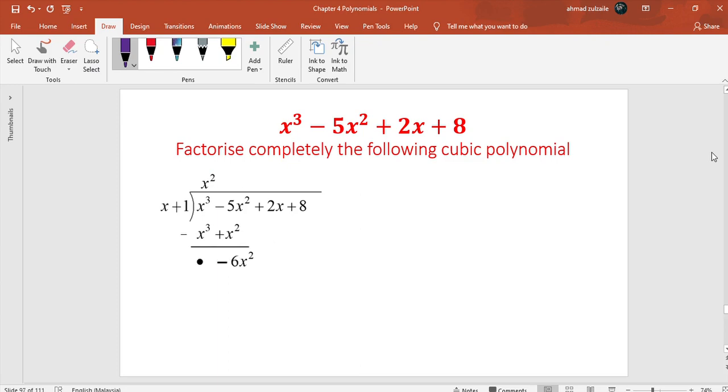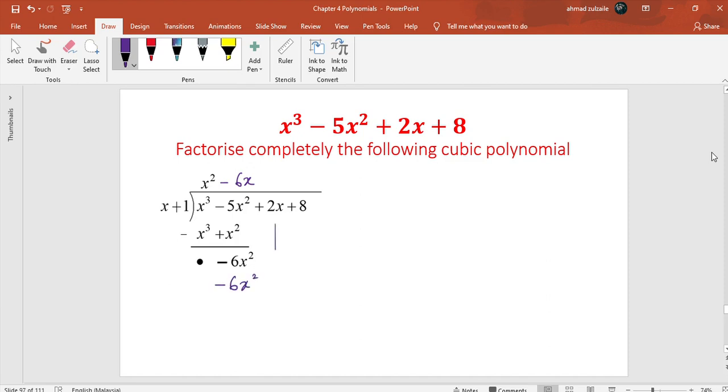Therefore I have 0 for x cubed minus x cubed, but negative 5x squared minus the positive x squared, so negative 5 minus 1 x squared, therefore negative 6x squared. Continue again, try to eliminate this negative 6x squared. Therefore, I will multiply with negative 6x, because if I multiply negative 6x with x, I have negative 6x squared.